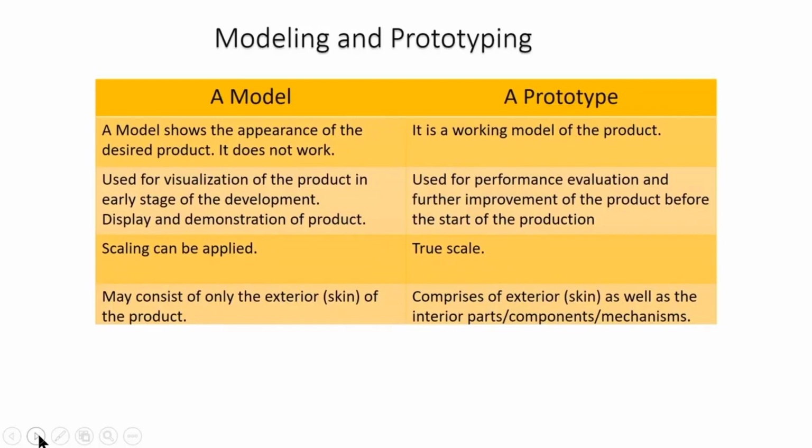The model will consist of the exterior or the skin of the product. The prototype will have the exterior, that is the skin, as well as it will have the interior parts or the components and the mechanism.